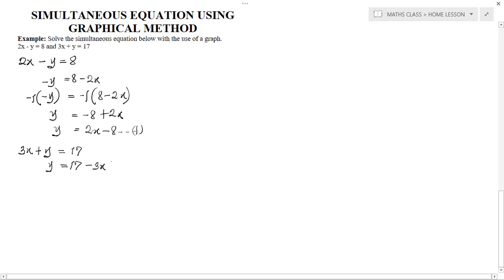So the next thing we are going to do is to draw a graph. How do we get the graph drawn? The first equation we have here is y equals 2x minus 8. Now let's draw the graph.